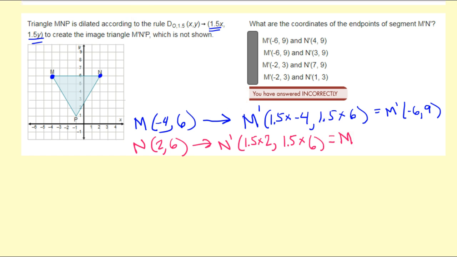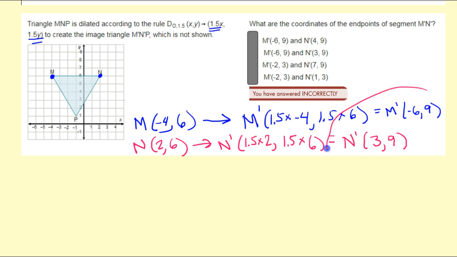Whoops, I changed to M. Hey Siri, 1.5 times 2. 1.5 times 2 is 3. That's going to be 3. Hey Siri, 1.5 times 6. 1.5 times 6 is 9. My Siri has an Australian accent, so that's what you're hearing. Anyway, N prime is 3, comma 9.